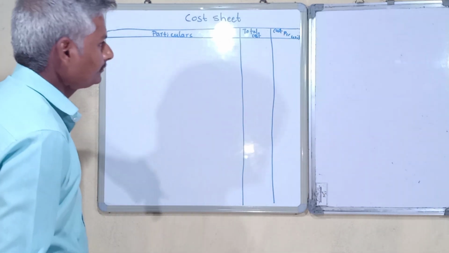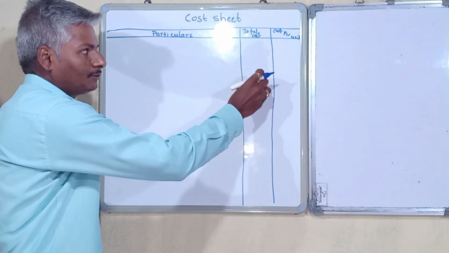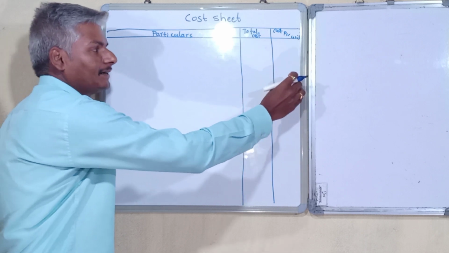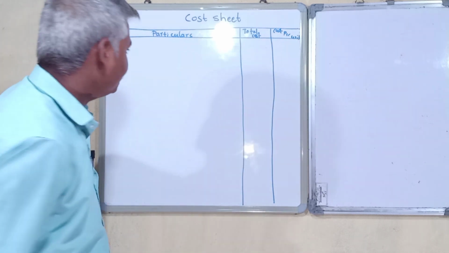So this is the particulars, total cost column and cost per unit column.